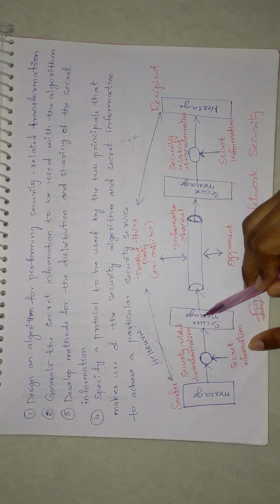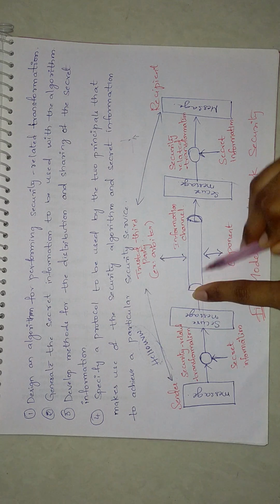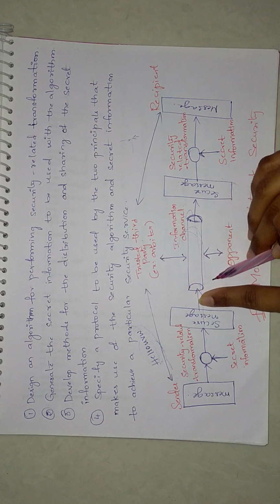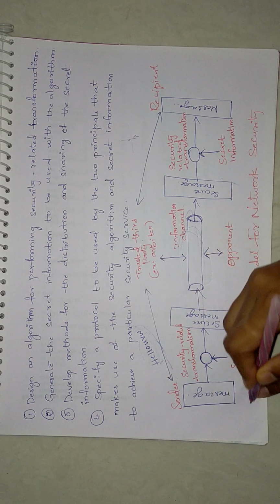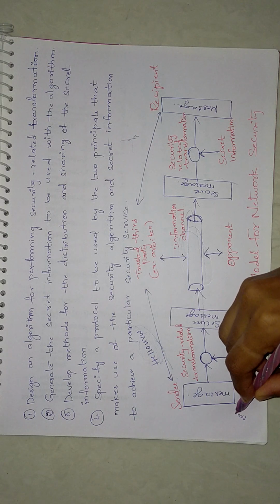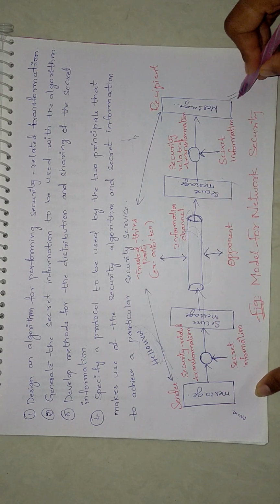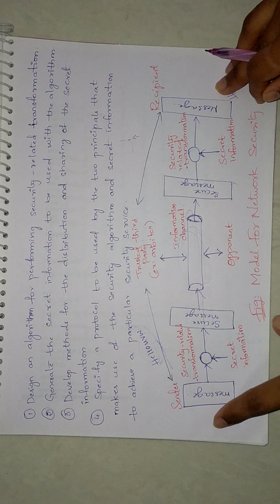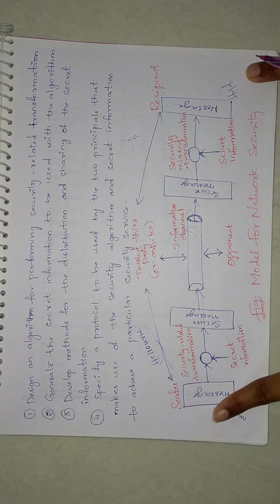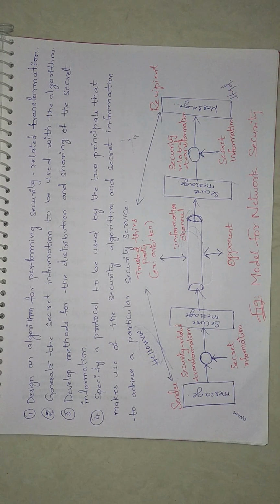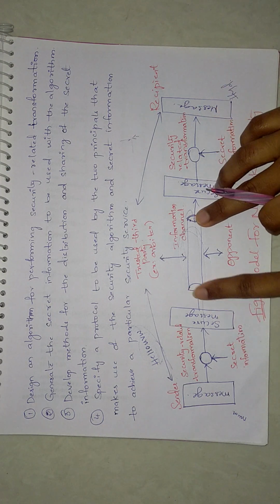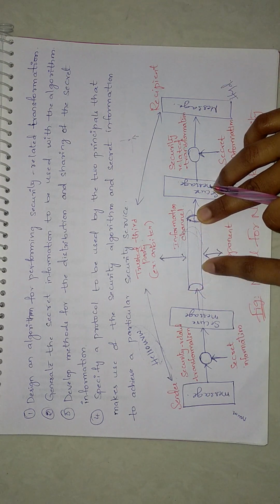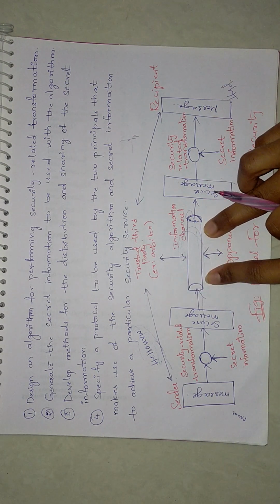Now that message will be transferred here, and this is a channel. That means here, a network. For example, the sender is in Mumbai, the receiver is in Hyderabad. So to transfer the data from Mumbai to Hyderabad, there will be a network. Imagine this as a logical channel, which is a secure channel.